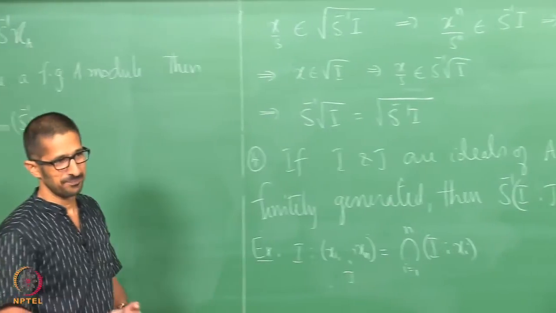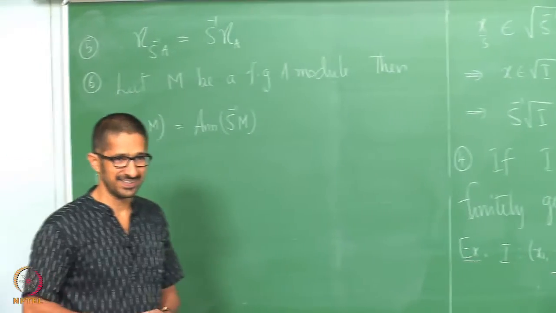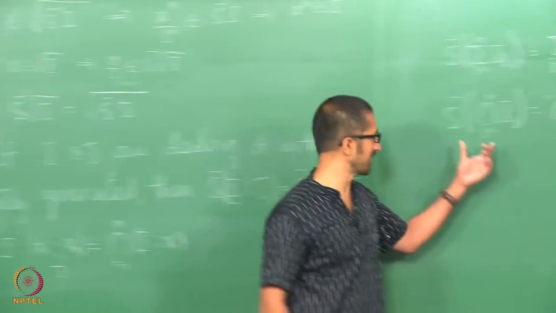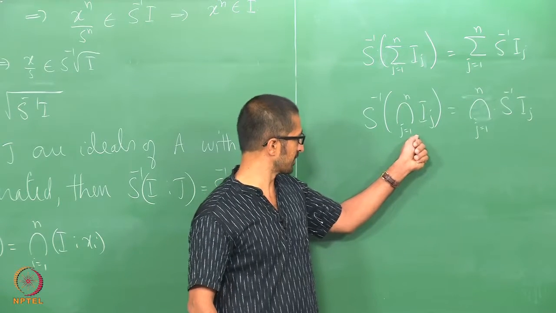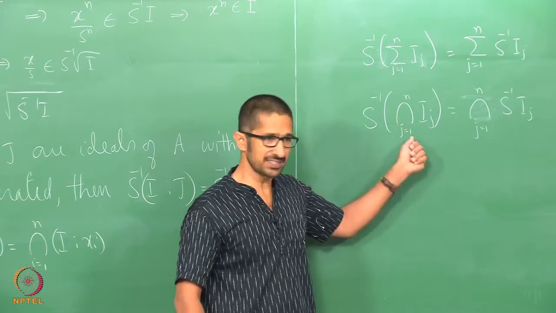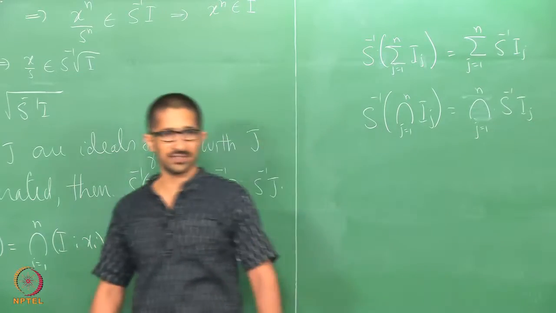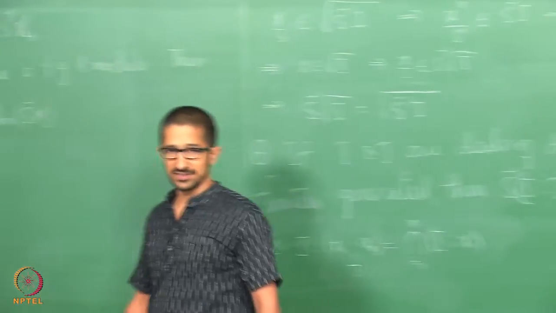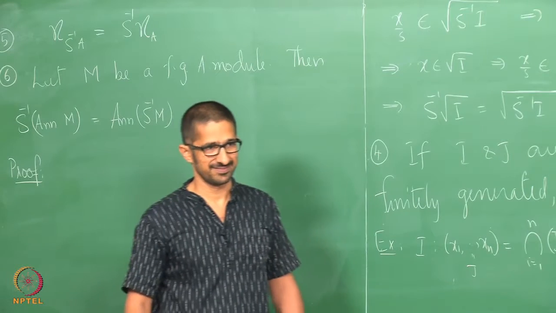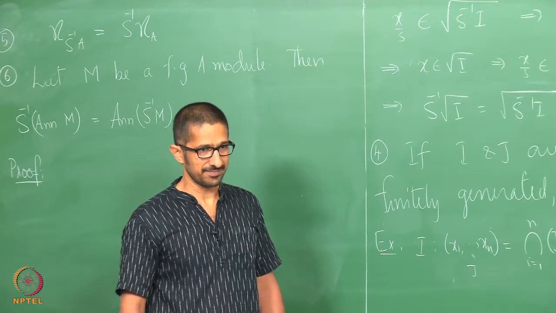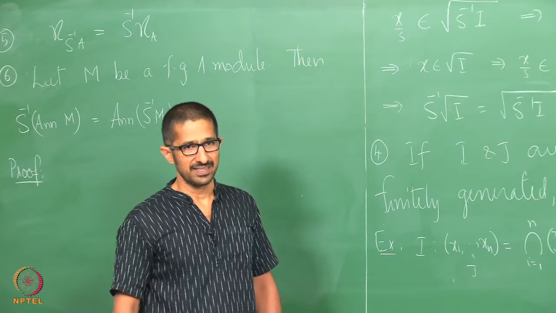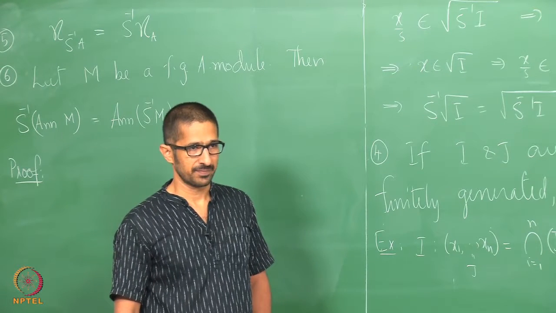If it is still not sparking, then you can think of where the intersection is 0 while each localization is the whole ring, whole of S inverse A. Think of this.